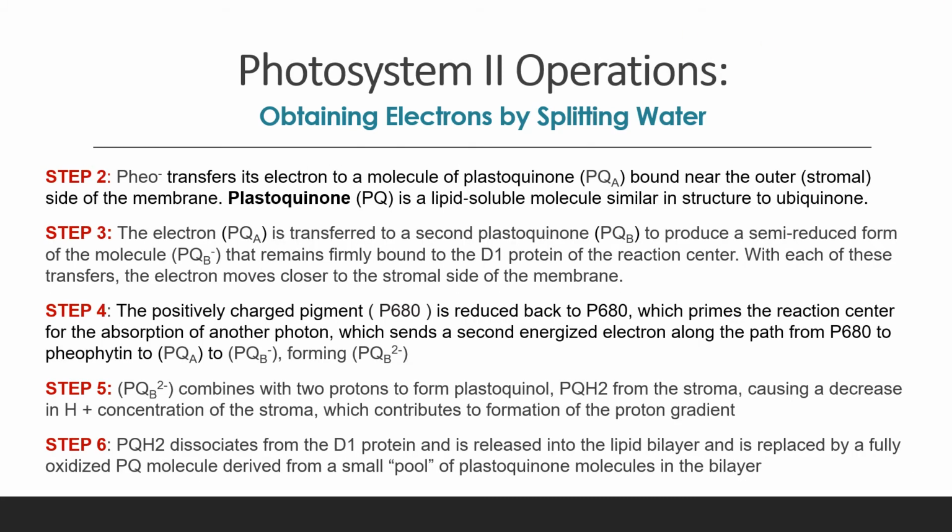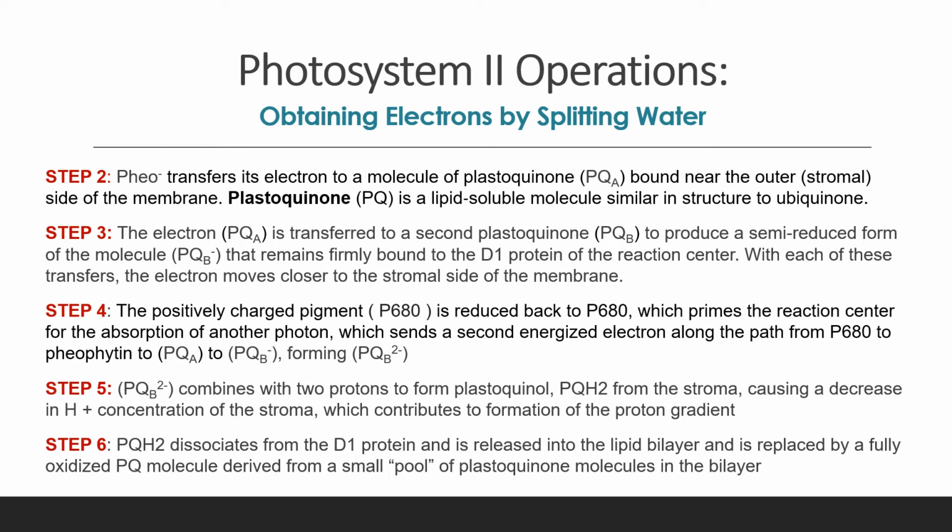So step 2, for the transfer from photosystem 2 to plastoquinone, the pheophytin transfers its electron to a molecule of plastoquinone, denoted as PQ sub A, bound near the outer stromal side of the membrane. Take note that plastoquinone, or PQ, is a lipid-soluble molecule similar in structure to ubiquinone.